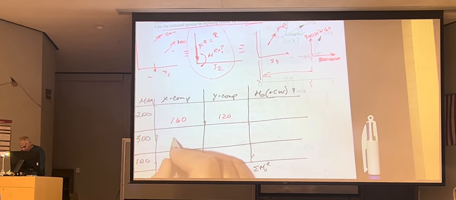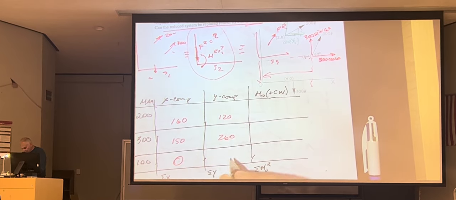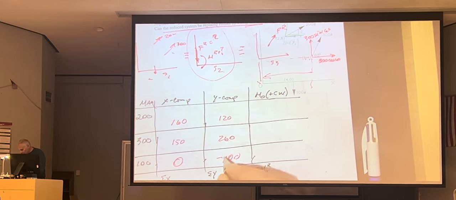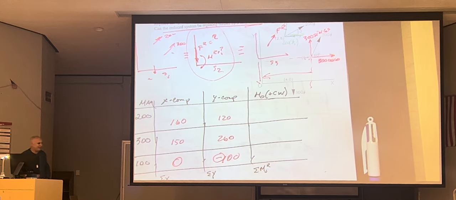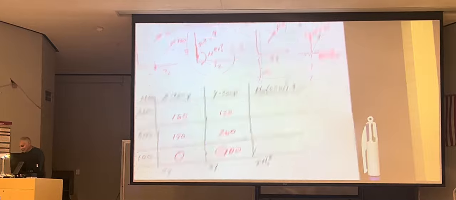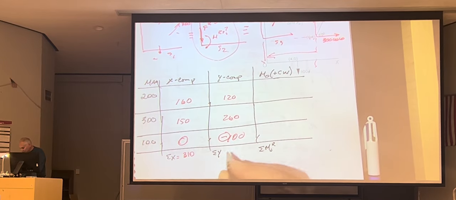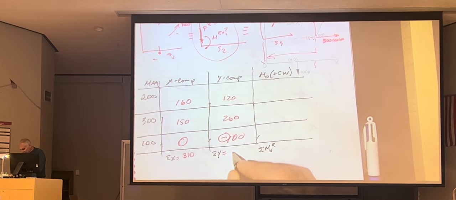Here I should have 150, 260. Here I should have 0 and minus 100. Please don't forget the minus. It is acting downward. If I sum these, I'm going to get the x value, 310. Sum this, I'm going to get the y value, 280.